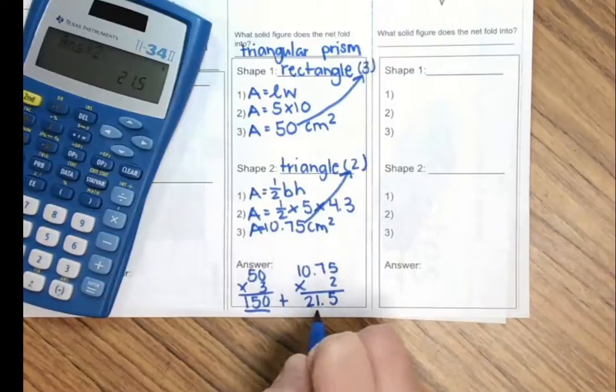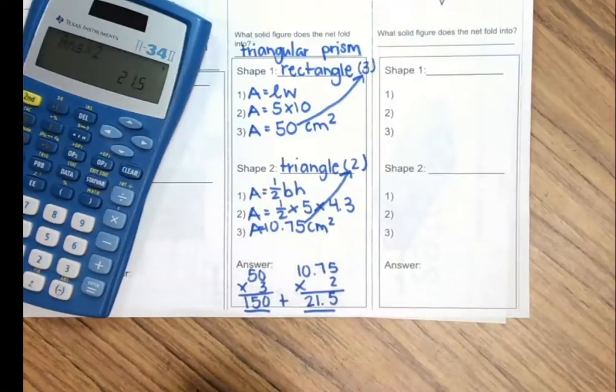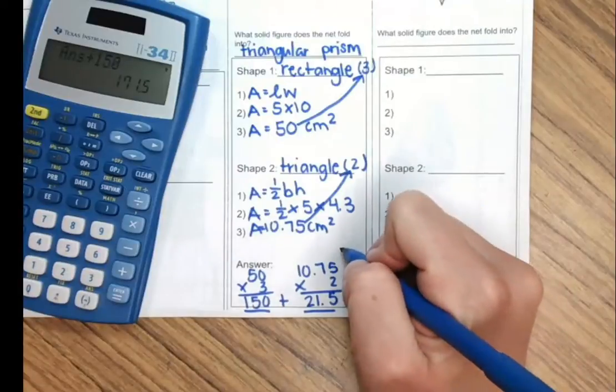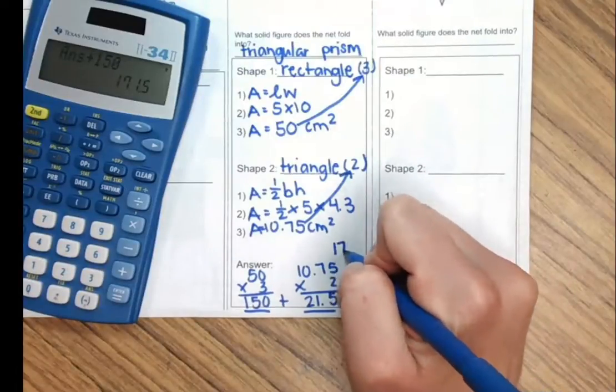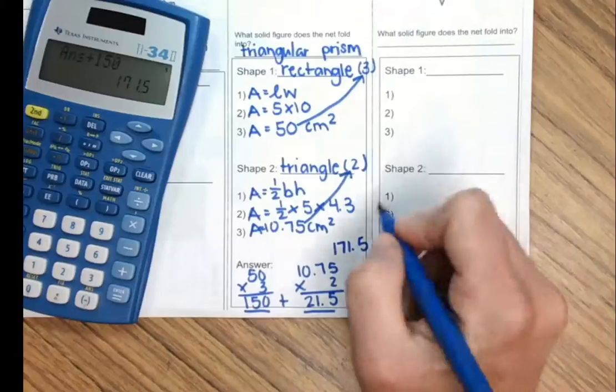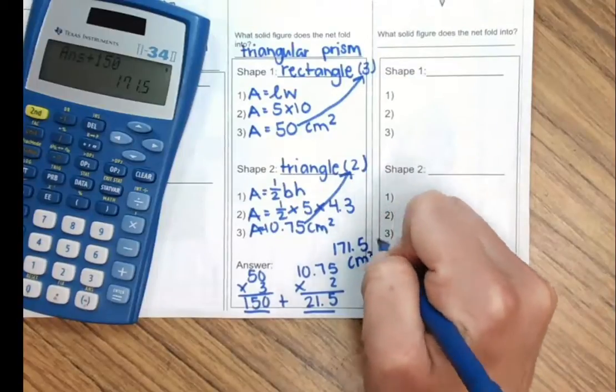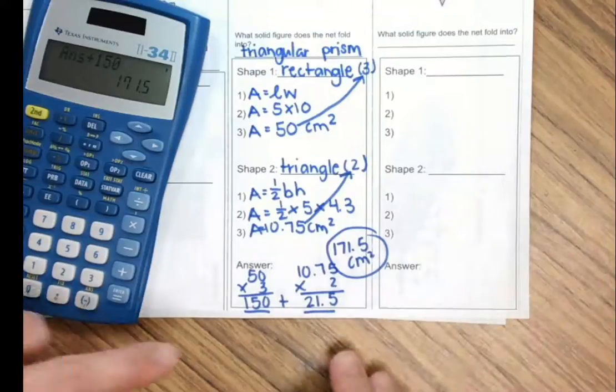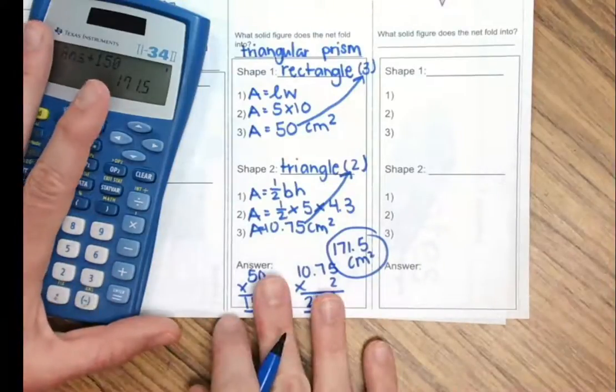Now we're going to add these two together. So I have 21.5 plus 150, and I get an answer of 171.5 centimeters squared. That is our answer right there.